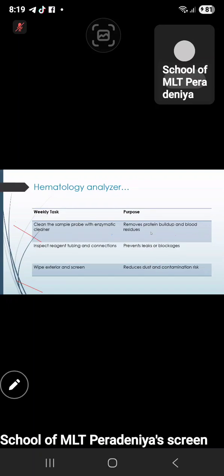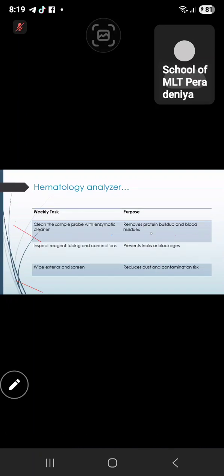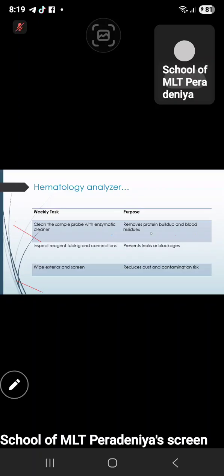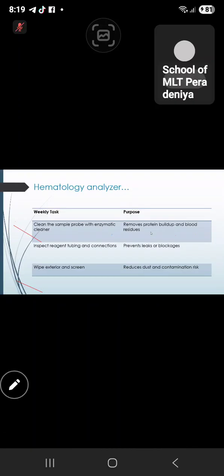Then there are some weekly tasks, right? That is cleaning the sample probe with enzymatic cleaner, which means deproteinizing solution. The enzymes contain protease, so it will remove all the particles bound to the probe.